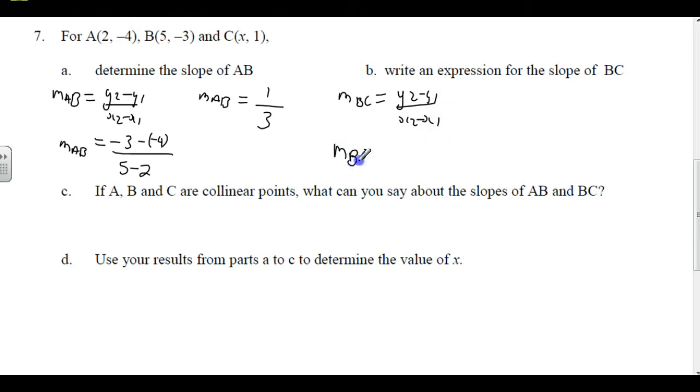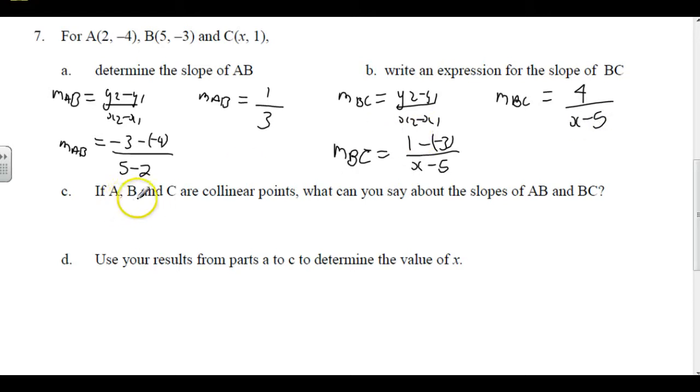The slope of BC is 1 minus -3 over x minus 5. So an expression for the slope of BC is 1 plus 3, which is 4 over x minus 5.